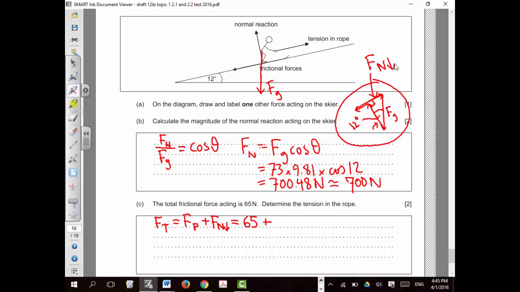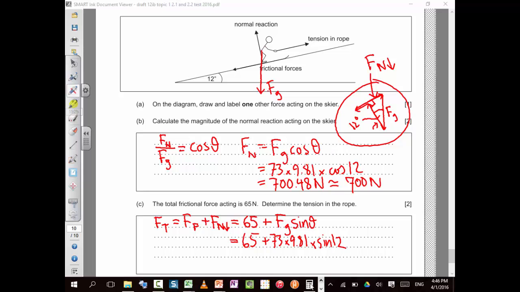So that little bit is going to be Fg sine theta. So we end up with 65 plus, and Fg was 73 times 9.81 times sine of 12.